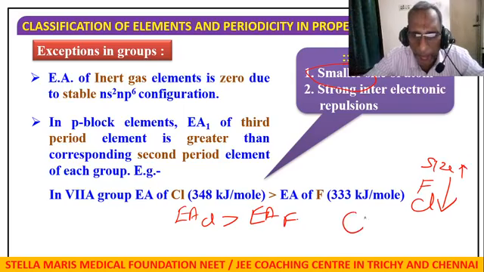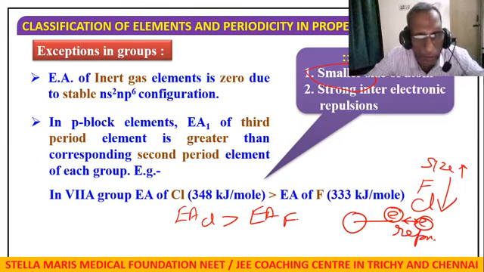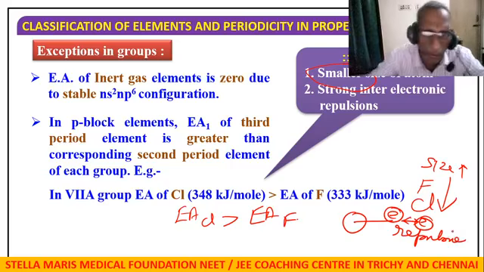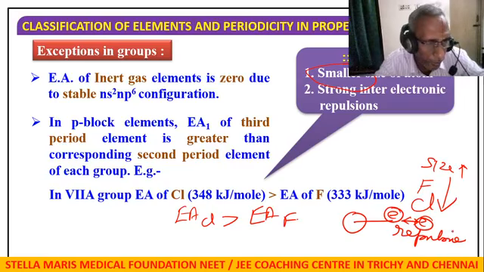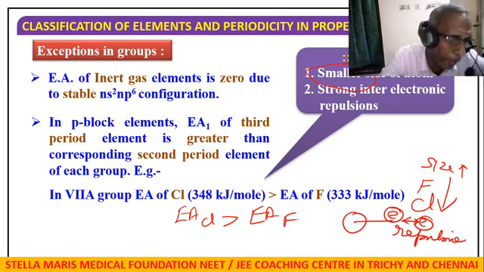Size increases means the outermost electron is farthest. If you add one more electron, it will experience repulsive force. So it will not release energy; we have to supply energy. In that way, we have to remember.